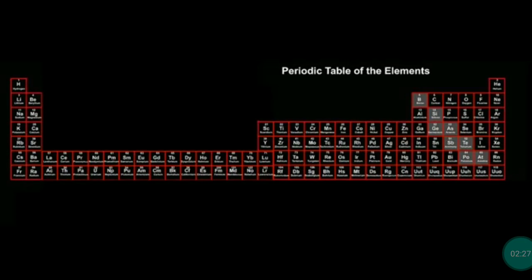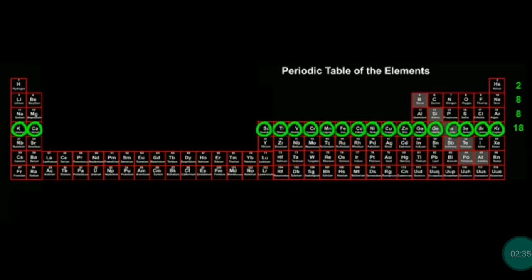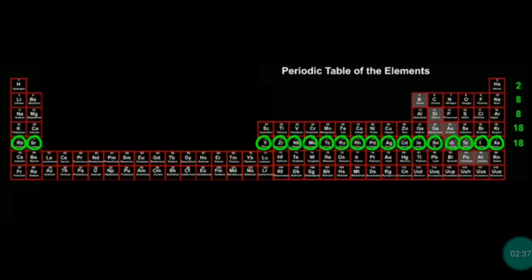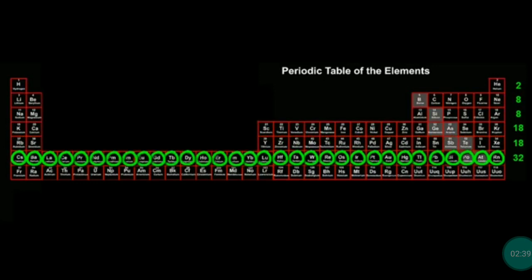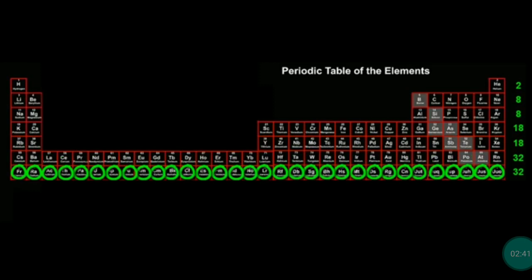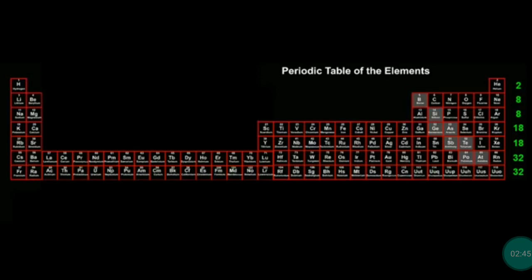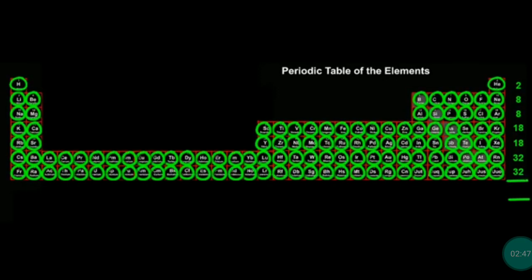2 in the first row, 8 in the second, 8 in the third, 18 in the fourth, 18 in the fifth, 32 in the sixth and 32 in the seventh. Altogether there are 118 elements.